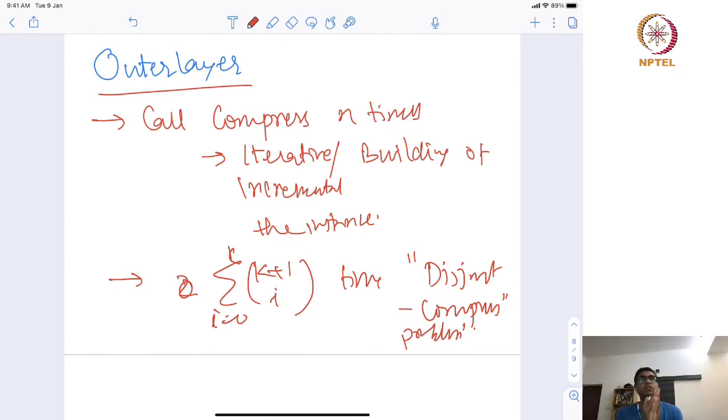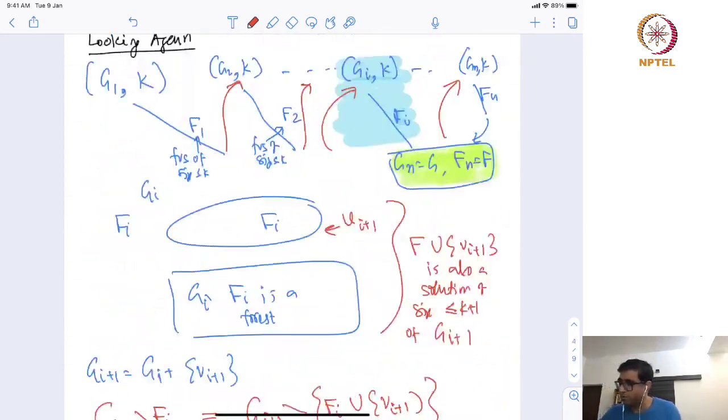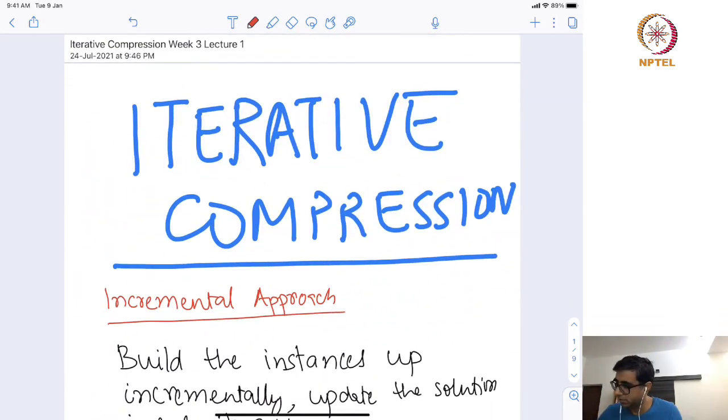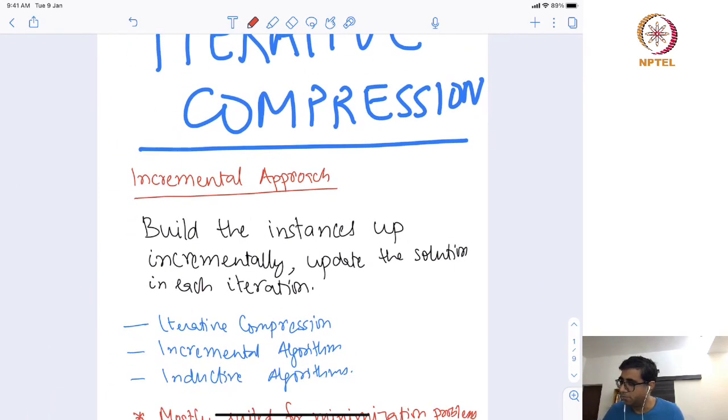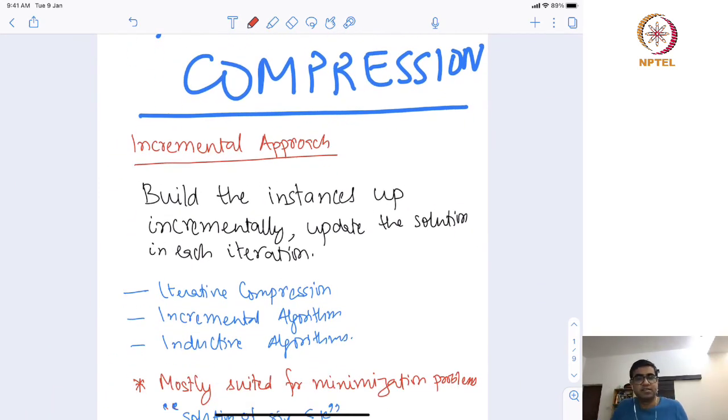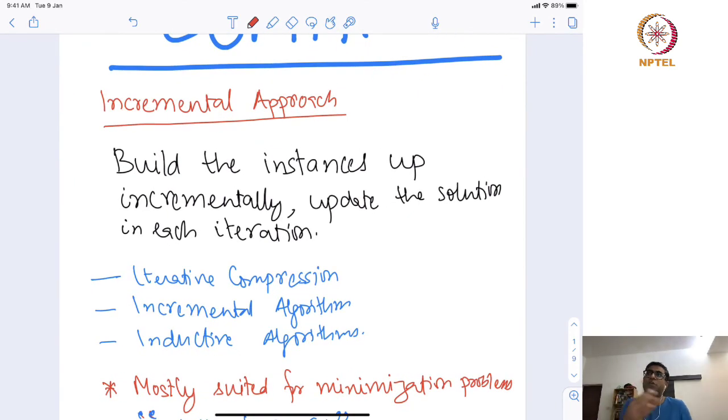So let's go back and see what we built. Now I think I have justified the approach: build the instances up incrementally, and update the solution in each iteration. I use the word inductive because you can think of these instances as built up inductively. We have built something of some size, then one extra, and so on.